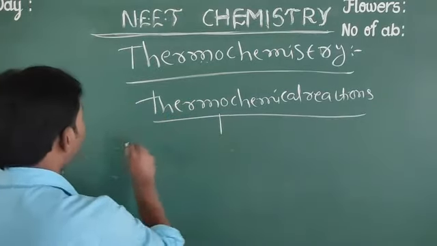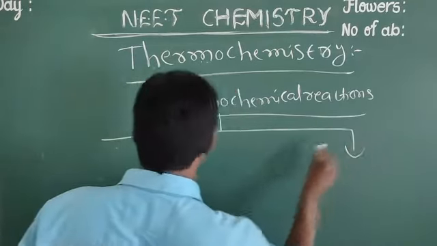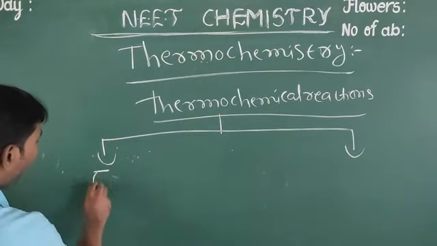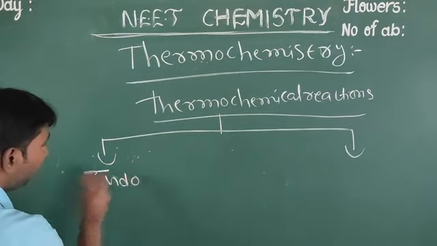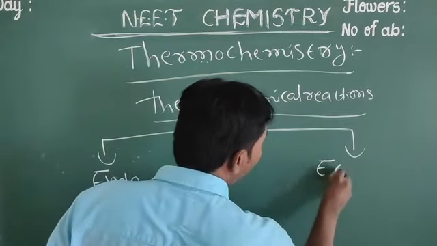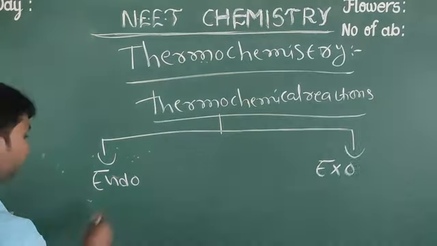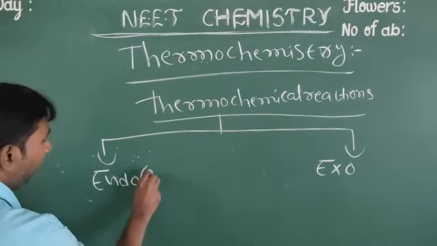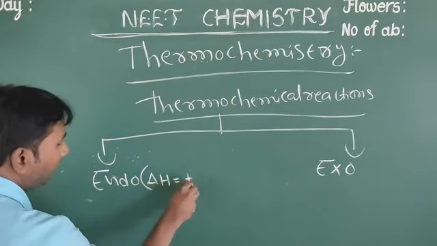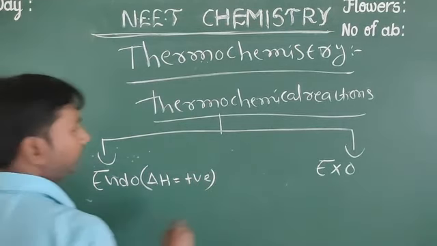Generally we have two types of thermochemical reactions: endothermic and exothermic. Here endothermic means enthalpy change equal to positive.